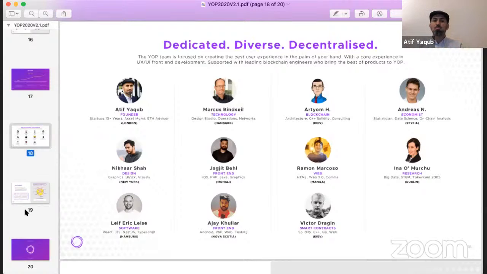Our team is primarily based in the UK, but then we have our core technical review in Germany, and then we have blockchain smart contracts being done in Ukraine, with a front end team in India, and we have a designer in New York, and then we have a few other guys dotted around the world that are supporting us. But it works really well. The team doesn't have to be in one office. We save resource. We let our cap raise go a long way by being a bit more efficient with our spending.